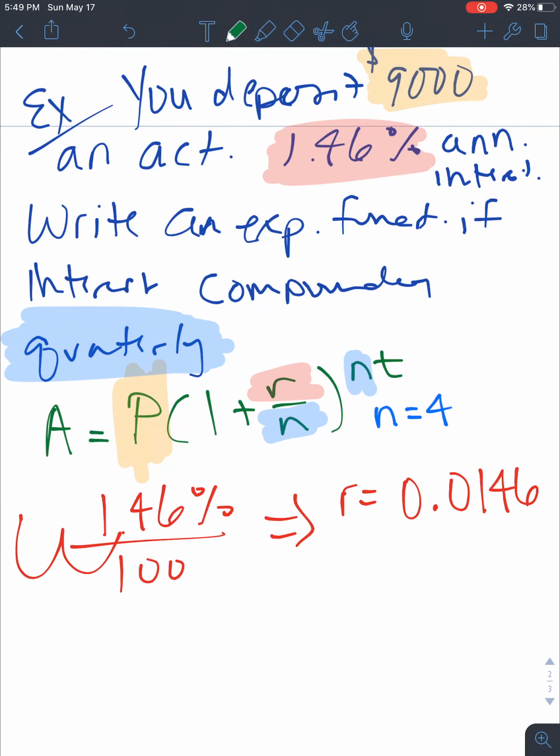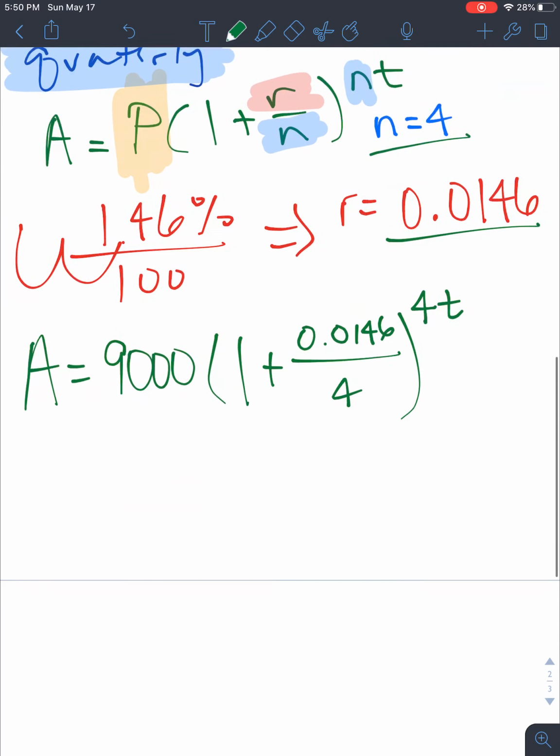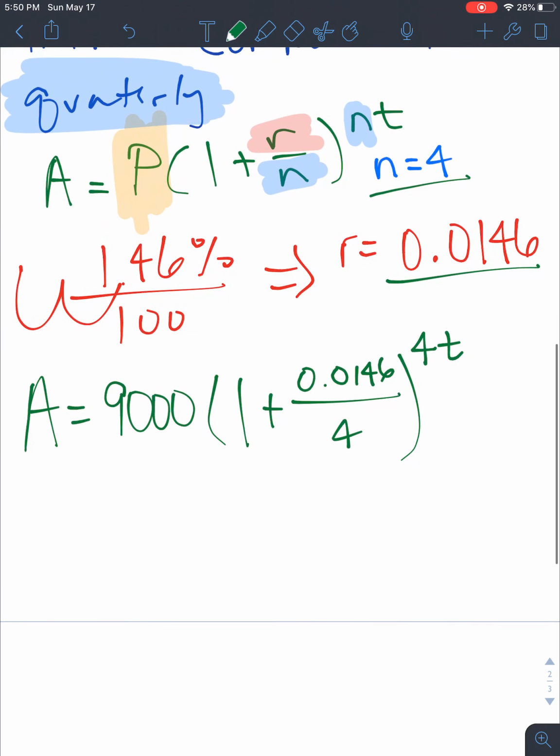All right, so now we're ready to go ahead and rewrite this. So we still have that A because we don't know what that is, but our principal is $9,000. Remember that anytime you're working with these, you don't have to include those units, so I'm just going to leave out the dollar sign. So I have 9,000 times (1 plus R, but remember R is 0.0146, over N, and N is 4) to the NT, so that would be 4T.